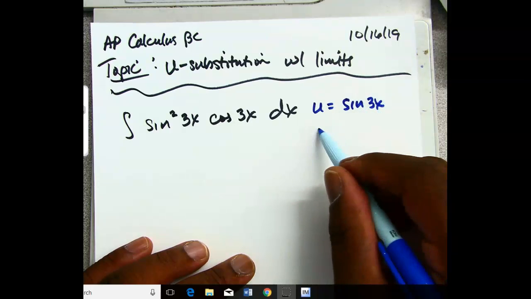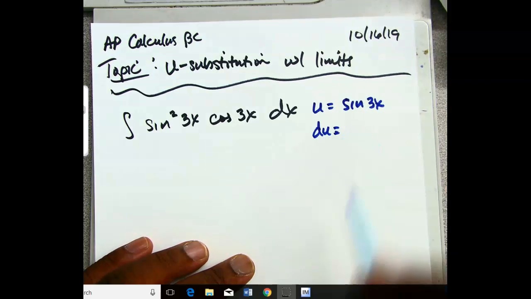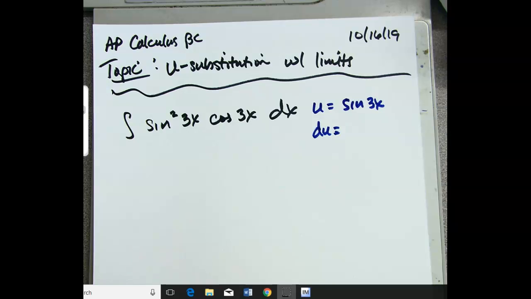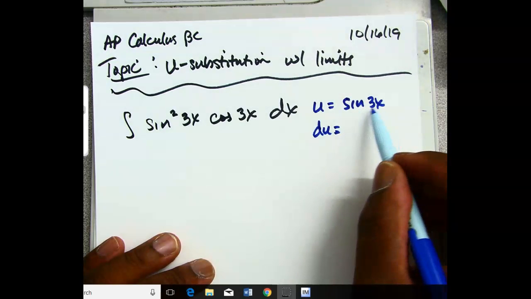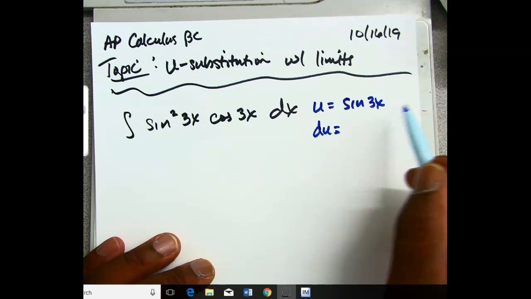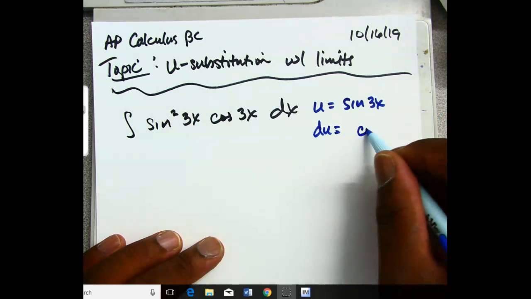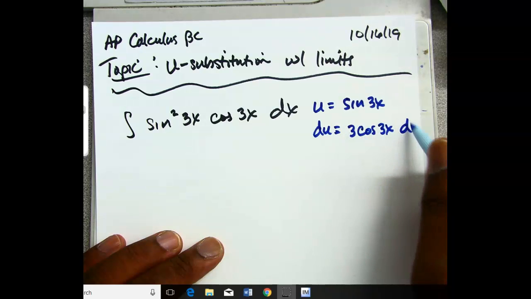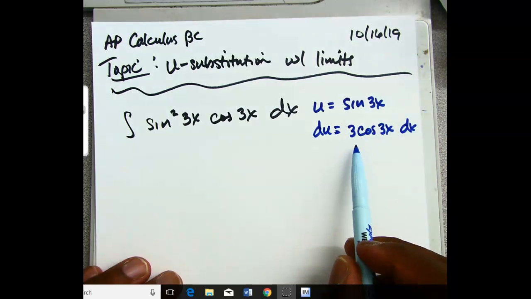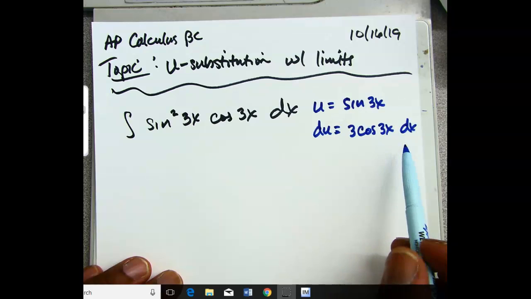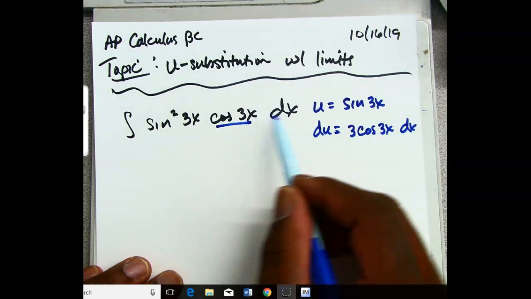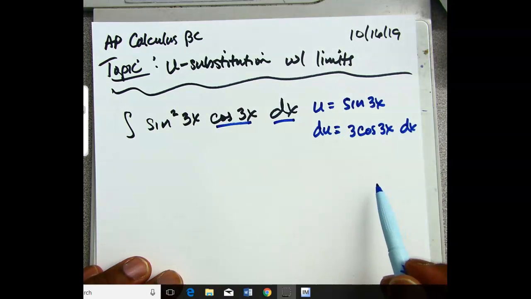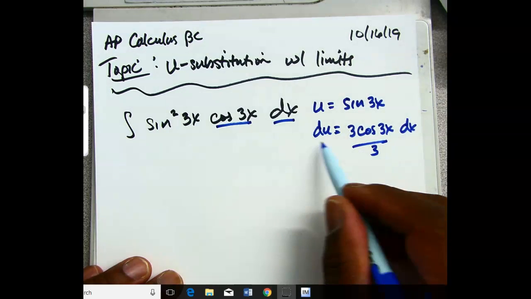And how about du? The derivative of sine of u would be cosine of u times u prime, so cosine of 3x times 3 dx. But we don't have a 3 cosine of 3x dx, we have a cosine of 3x dx. So here we're going to divide by 3.